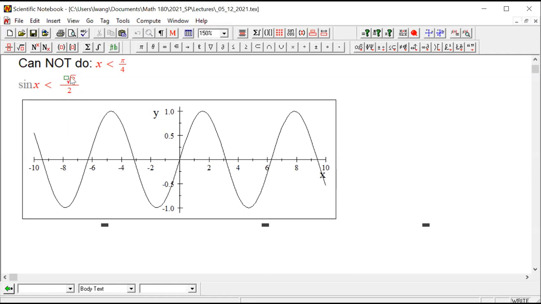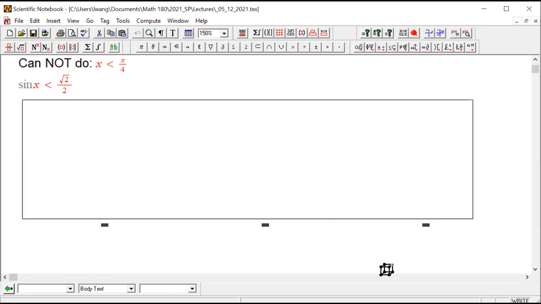It doesn't matter how you write it, right? But there's all these connections. We know what we cannot do. So how do you solve this inequality by graph?